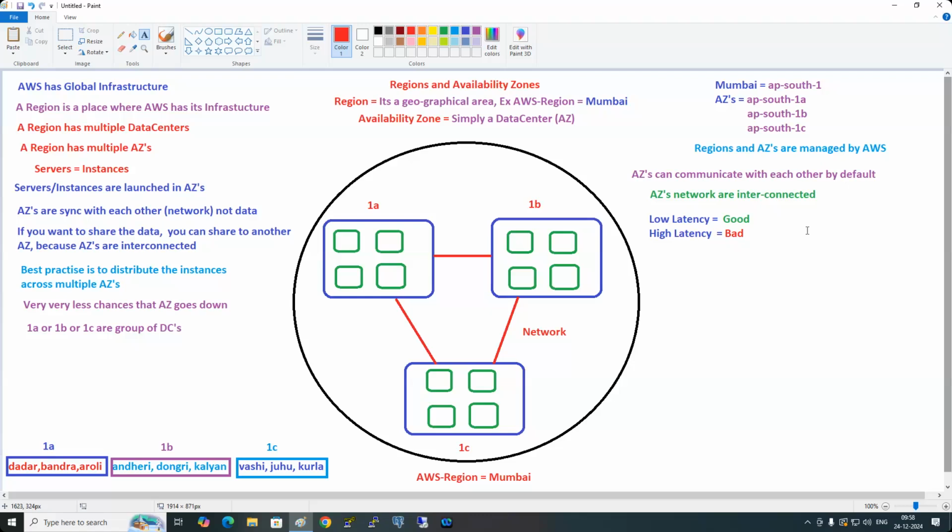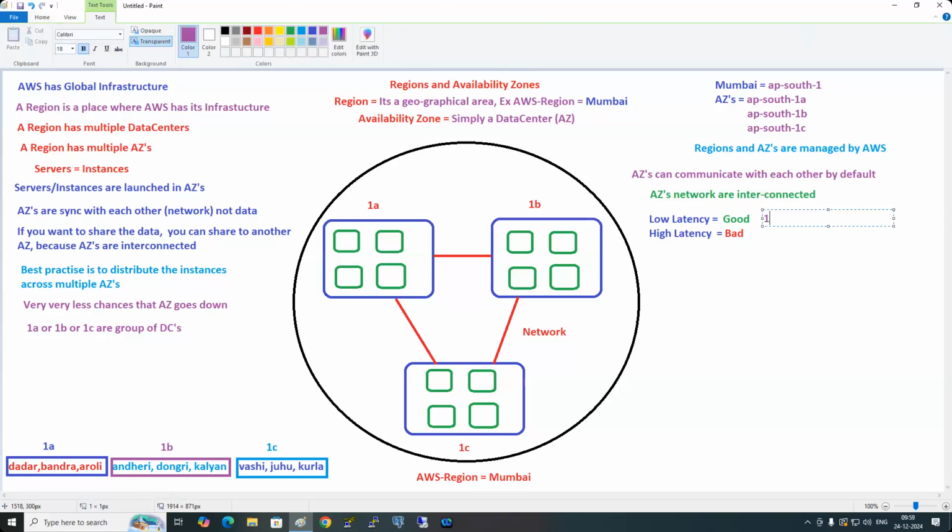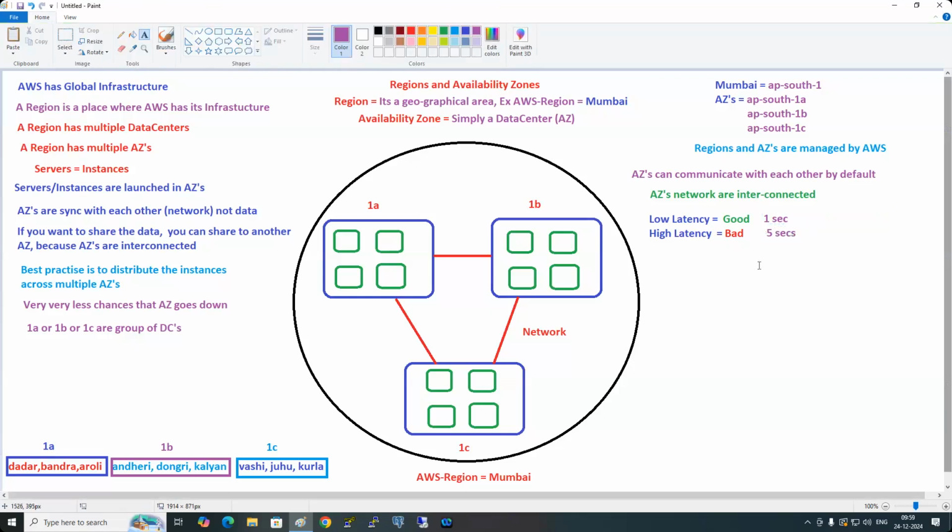If the response time is very short, that is called low latency. If the response time is larger, that is called high latency. For example, a page coming within 1 second versus 5 seconds. Understood high latency and low latency?